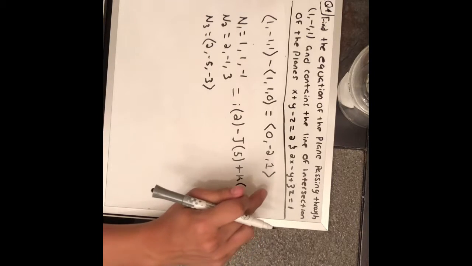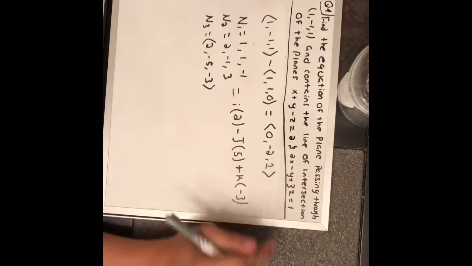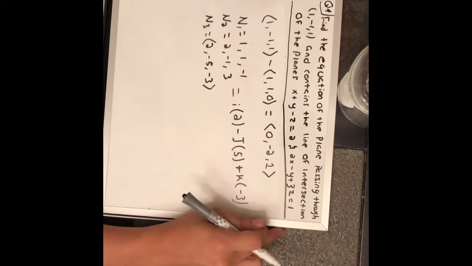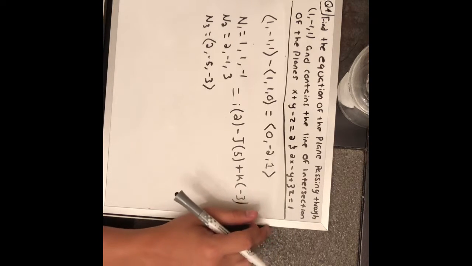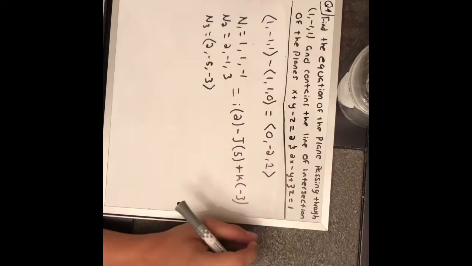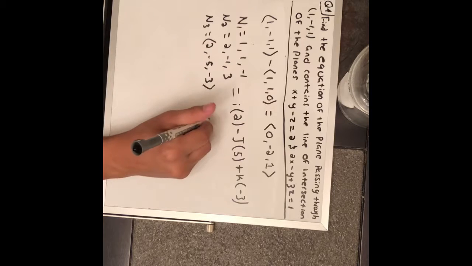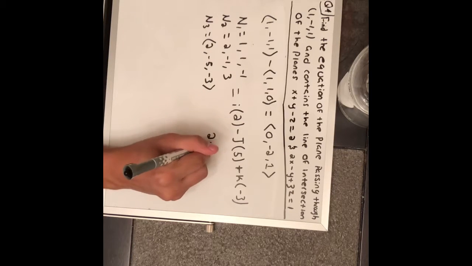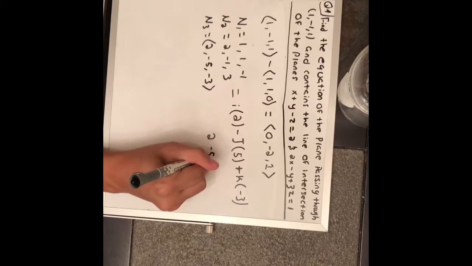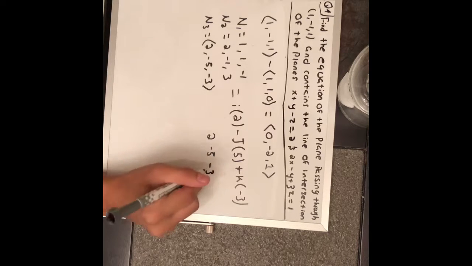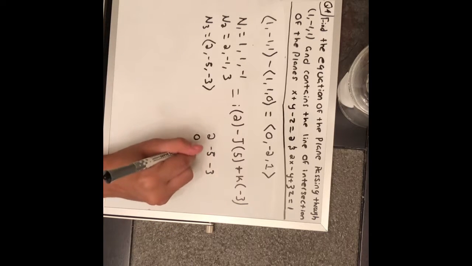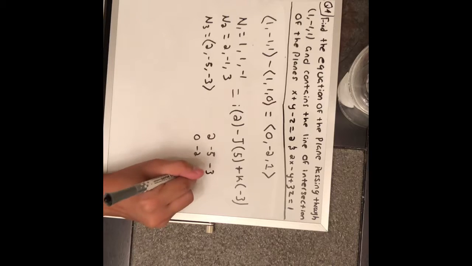And we found a point that goes through both planes as well. So now we are going to cross these two. We get (2, -5, -3), which I'm going to cross with (0, -2, 1).